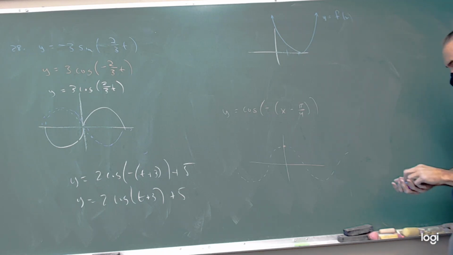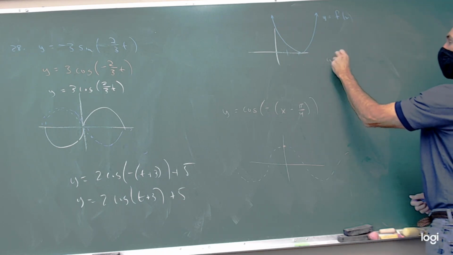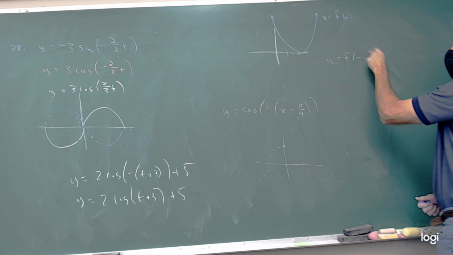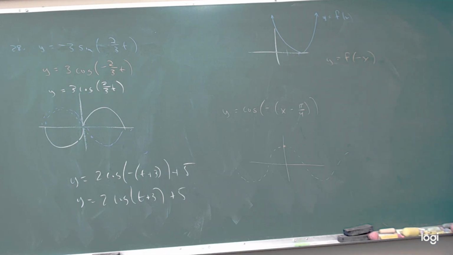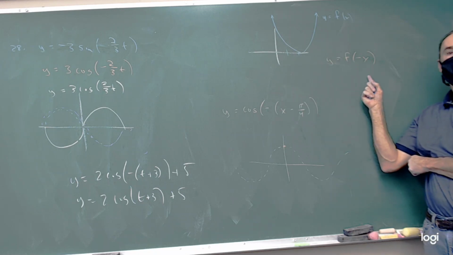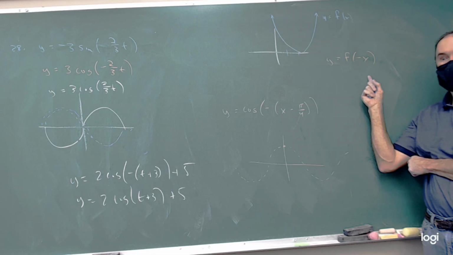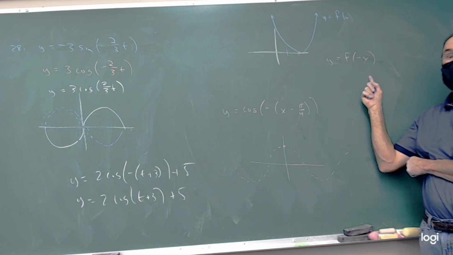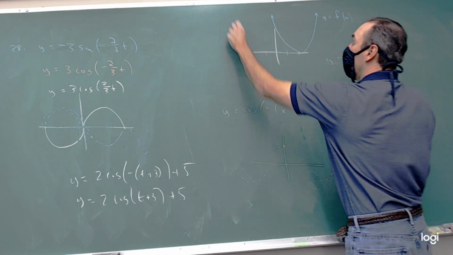Now, if I said graph y equals f of negative x. If I was starting with a parabola and I said, what's f of negative x, it would be unchanged. But this has already been translated. So it started moved away. Now, if we reflect that in the y-axis, it is going to come over here.